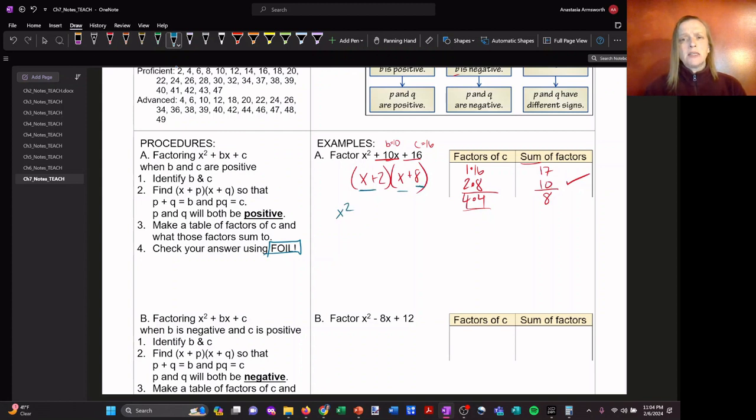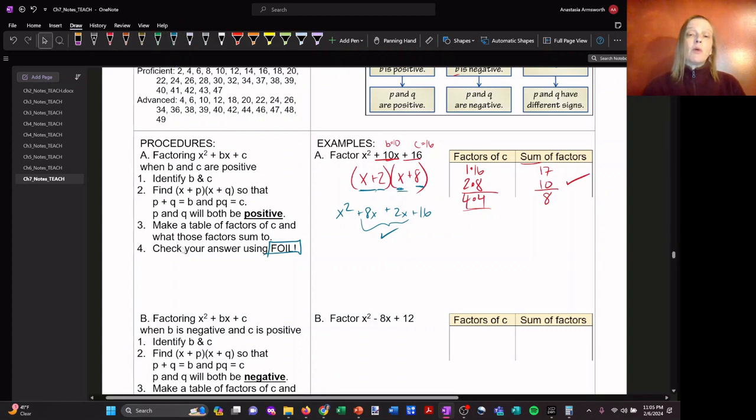X times 8 is 8x. 2 times x is 2x, and then 2 times 8 is 16. And of course, 8x plus 2x add up to 10x. So the FOIL does check out. My factoring is correct, and I'm finished with the problem.